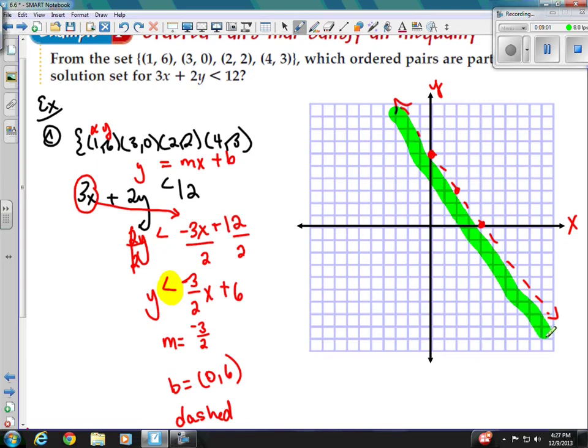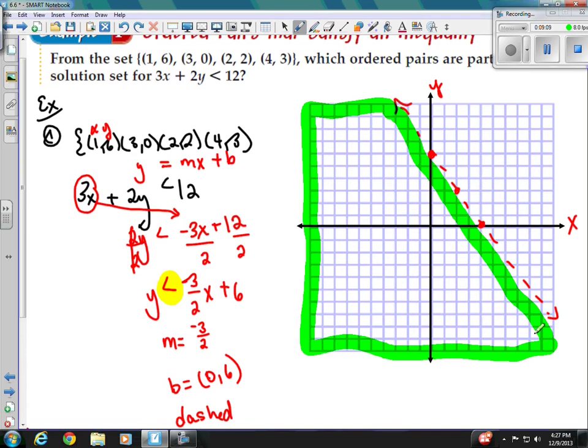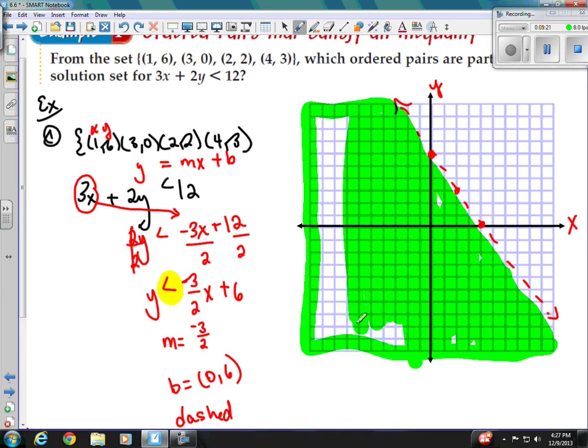And below, for a negative slope, is everywhere to the left. And step 6 is to make sure you shade the whole region. So look, my line goes all the way across my graph paper. That means I have to shade this whole region, the whole side of my graph paper. There we go.